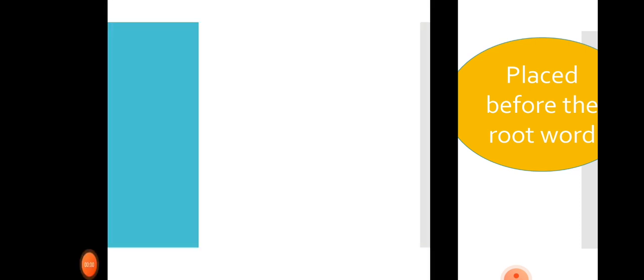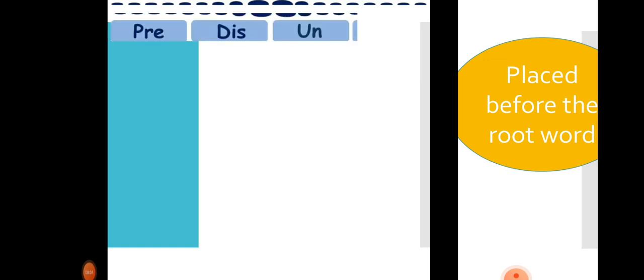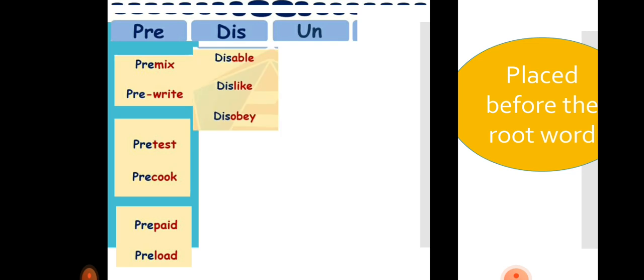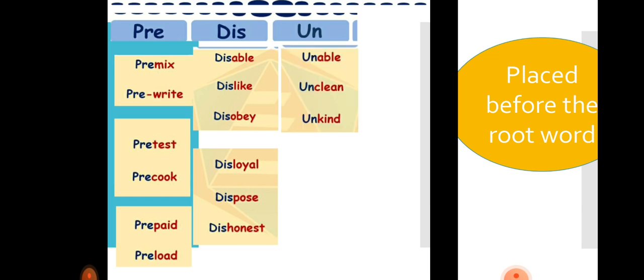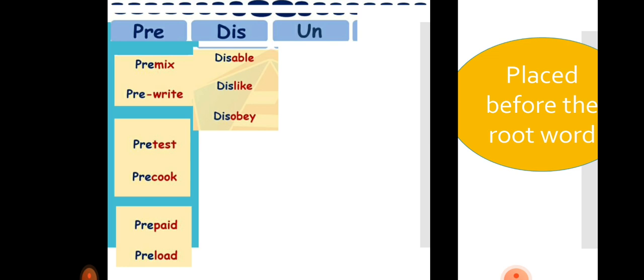For example, here the prefixes are pre, dis, and un. And for example, premix, prewrite, pretest, precook, prepaid, preload, disable, dislike, disobey, disloyal, dispose, dishonest, and unable, unclean, unkind, unafraid, unusual, and unlucky.